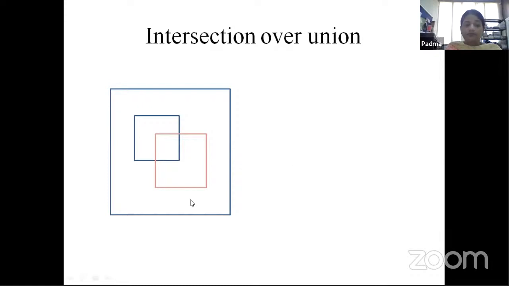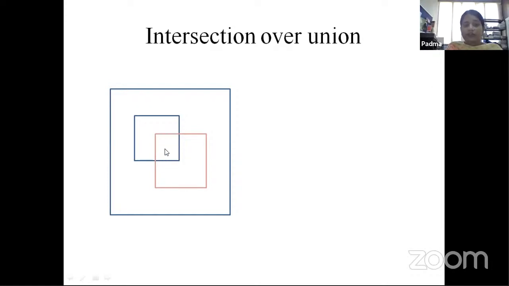Why so? Because there is some portion where the ground truth box overlaps with my predicted box, right? So here is the common area.